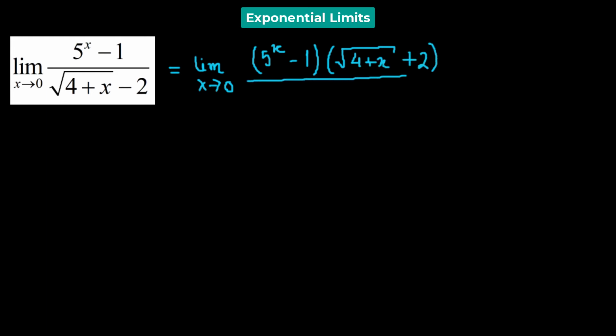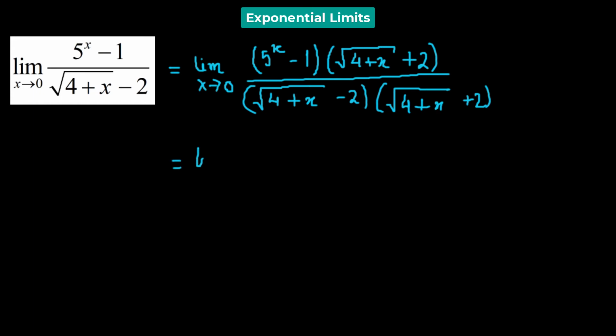And we're going to multiply this factor, root of 4 plus x plus 2, to the denominator as well. So we have square root of 4 plus x minus 2 multiplied by square root of 4 plus x plus 2.